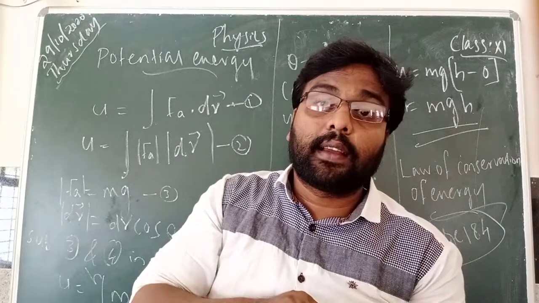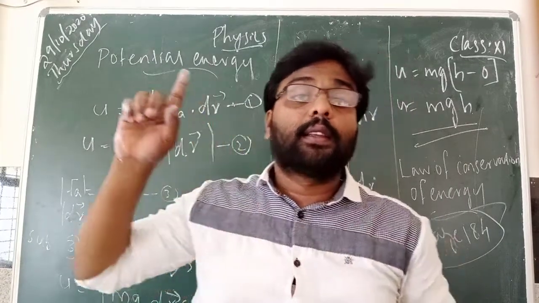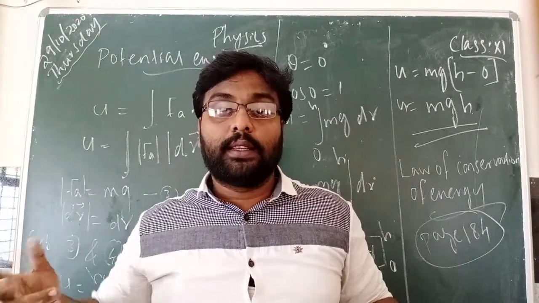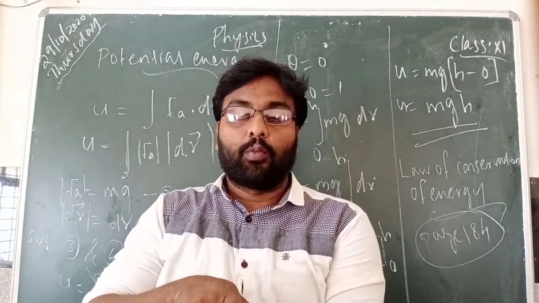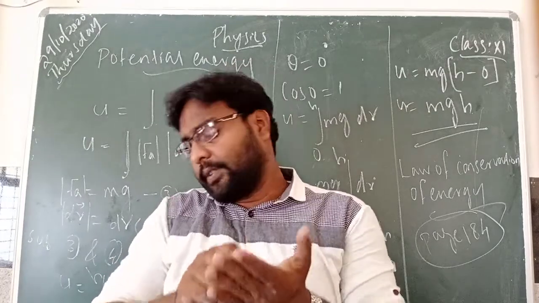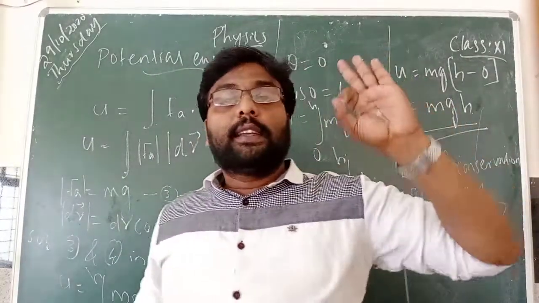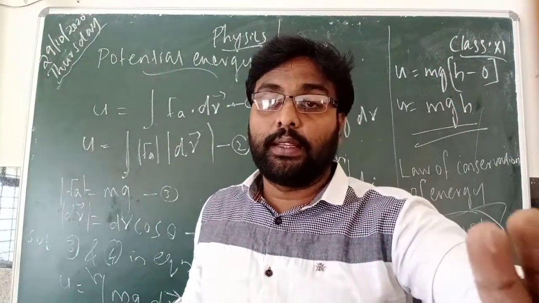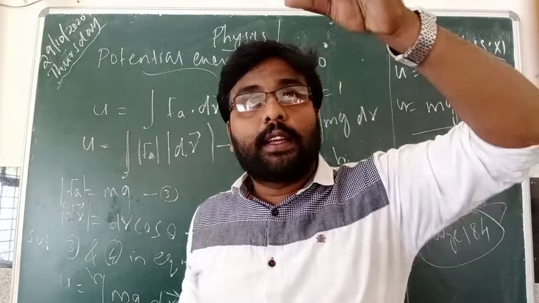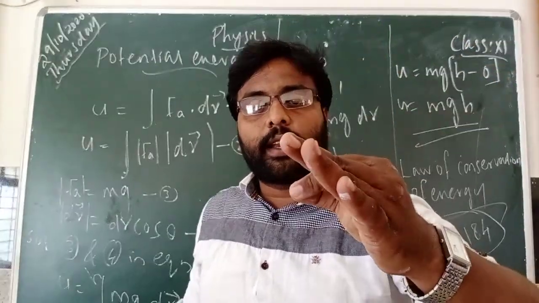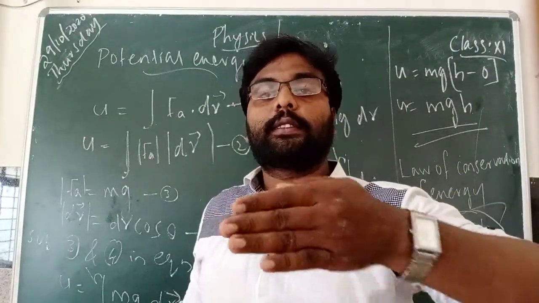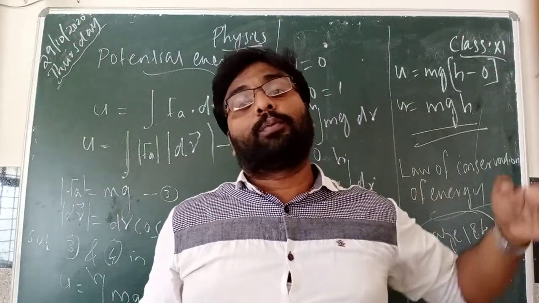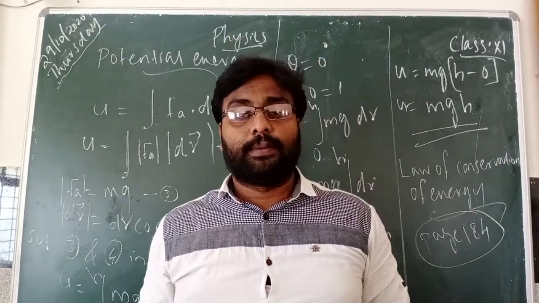Again, when it is hitting the ground, that kinetic energy changes to heat energy, sound energy, as well as potential energy again. This is energy changing from one form to another form.